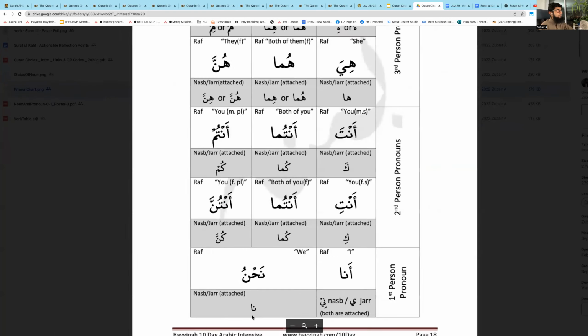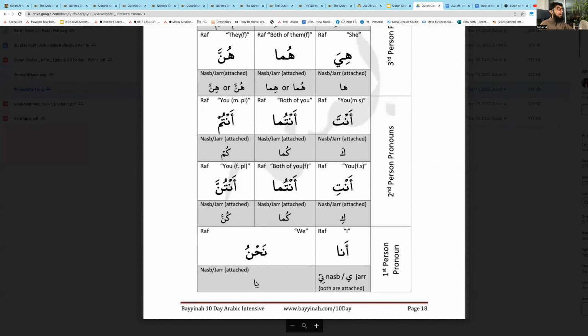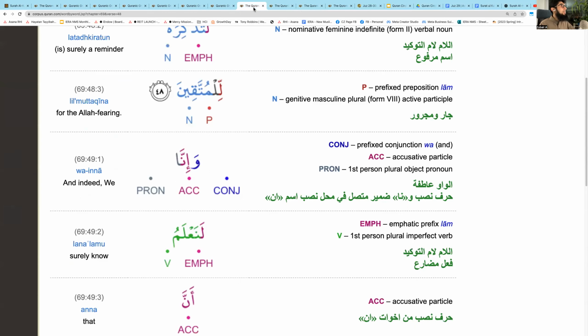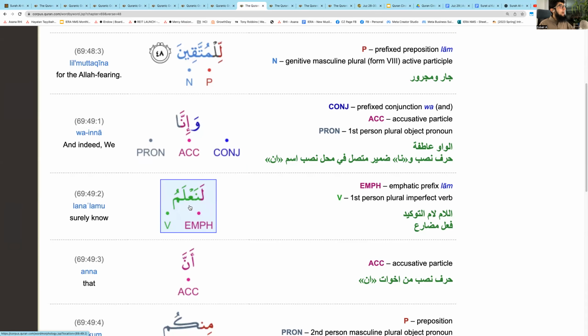This na is for we. Now, somebody could argue, why is it not nahnu? As I mentioned earlier, if you have the pronoun coming right after inna, you would use the form in the gray box. You wouldn't use the form in the white box. So that's why it's coming like this. Inna, indeed we. Inna, we already covered, means indeed, and na is for we.